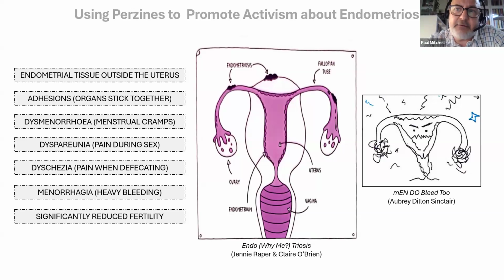And the disease affects approximately, I think, around 190 million people globally, most of whom are cisgender women, though not exclusively. And yet, despite its prevalence and its significant physical and psychological impact, endo still lacks visibility both medically and socially.